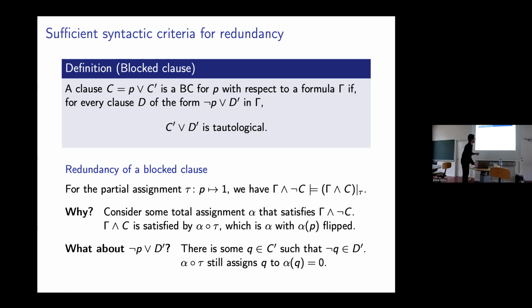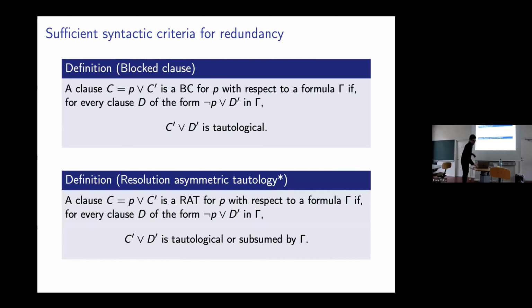And before doing that, let me tell you about some generalizations of this formula, because we will make multiple proof systems out of these kinds of rules and compare them. So one is called resolution asymmetric tautology. Don't worry about the name at all. It's almost exactly the same definition, except you say this clause is tautological, namely it contains two complementary literals, or it's subsumed by gamma.